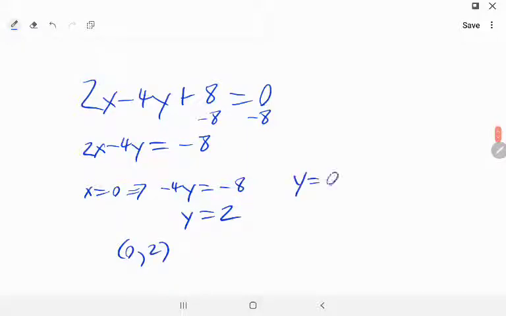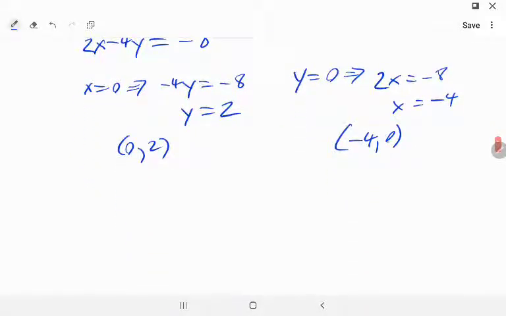y equals 0 gives us 2x equals negative 8, so x is negative 4, and we get the point negative 4, 0. So that's going to graph as negative 4, 0, 0, 2, and we get that line.